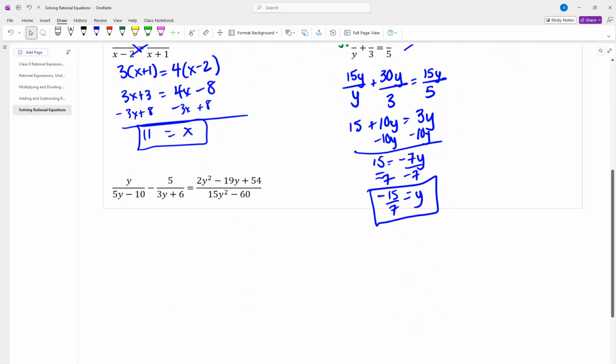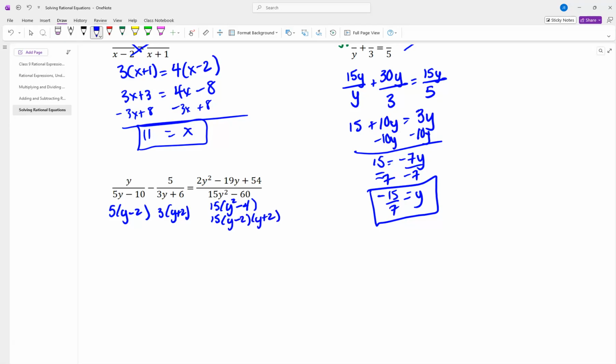What in the world are we doing here? We question our life a little bit, and then we proceed by saying, oh yeah, these are rational expressions, and the best way to simplify them and to find a common denominator is to factor, one of Professor Bright's favorite F words. So if we factor this, this would be 5y minus 2, 3y plus 2, and over here this would be 15y minus 2, y plus 2, since y squared minus 4 factors.